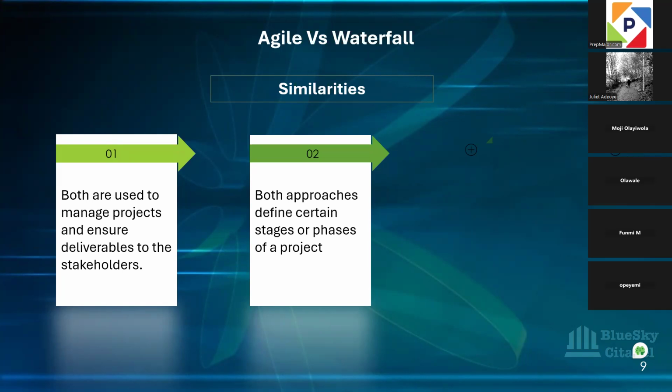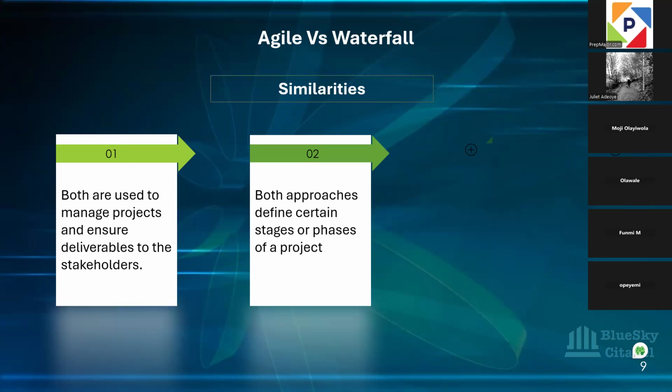You have the stages: requirements, design, implementation, testing, and all that. With waterfall, one has to finish before the other. While in Agile, they have those stages also, but it works together iteratively. Every one of those stages works together in one sprint or in one circle.